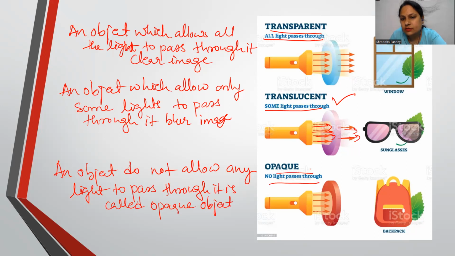No light passes through it. See here, so many rays are coming, but none of the rays is transmitted through this object. So that is called an opaque object. An opaque object can be anything: your notebook, your bag, your door, walls. These are different opaque objects.